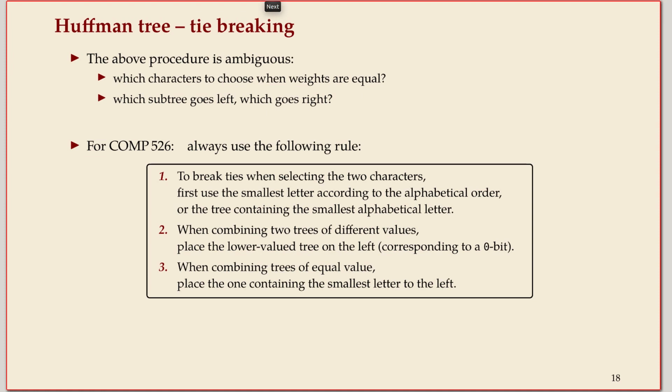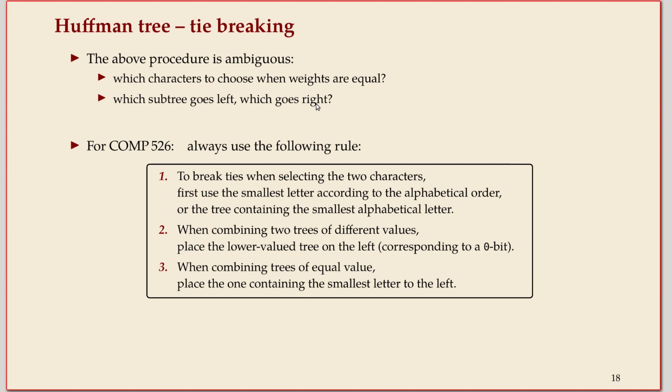Before we get there, I want to point out something that will be important for the tutorials or exam problems. The above procedure, Huffman's algorithm, is a little bit ambiguous in the sense that it's not clear, if there are several characters with the same minimal weight, which one we should choose. And also in forming the tree, there's really a symmetry between left and right in the trie.